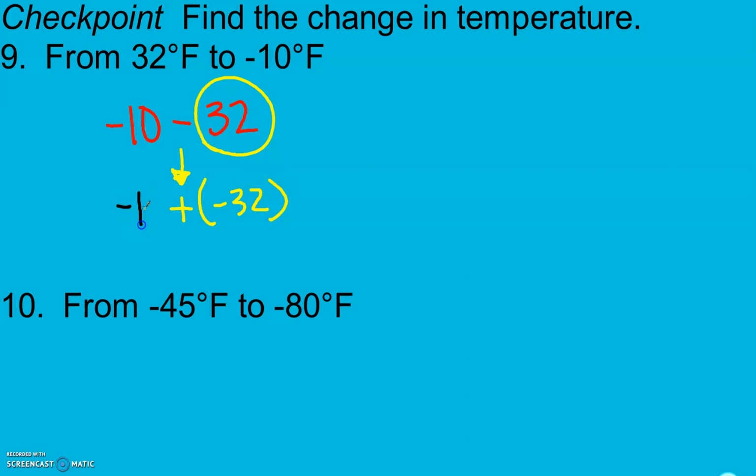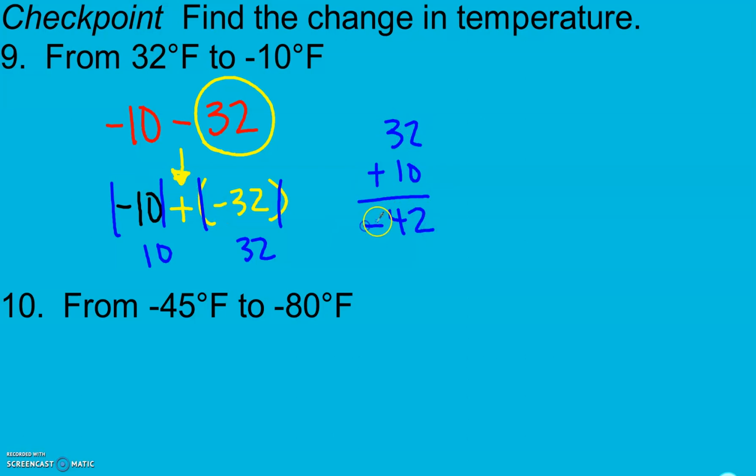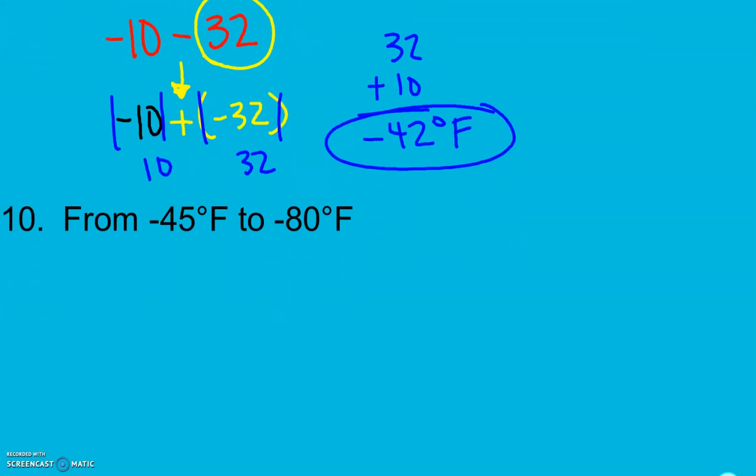Bring down that original value. Here, take your absolute values. Same signs, so we add them up and find the sum. And since both of them are negative, our answer is negative. So here, from 32 to negative 10, we said is negative 42 degrees. It went down, so that makes sense that it's negative.